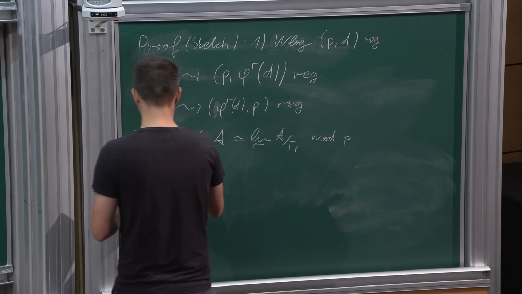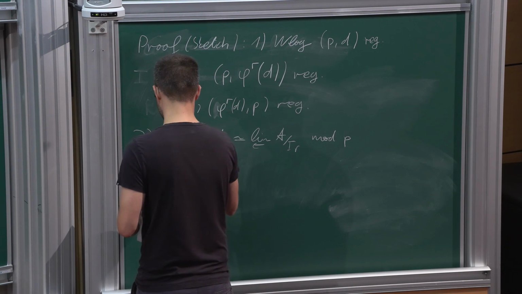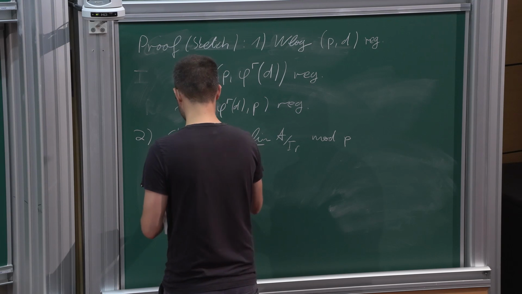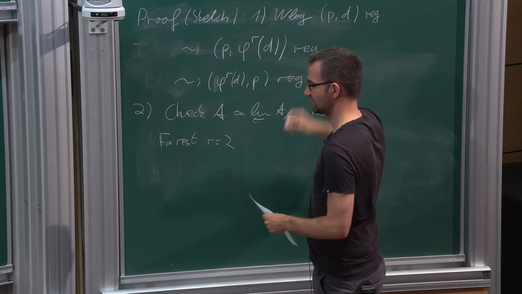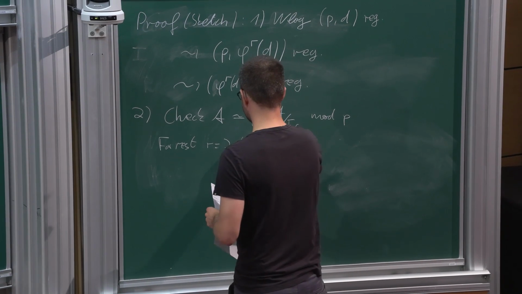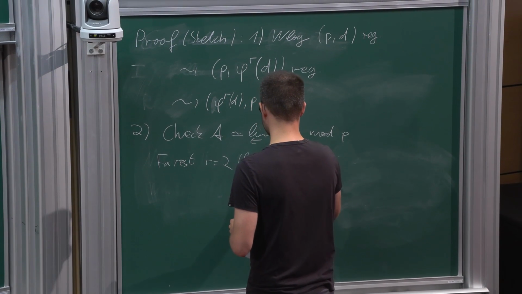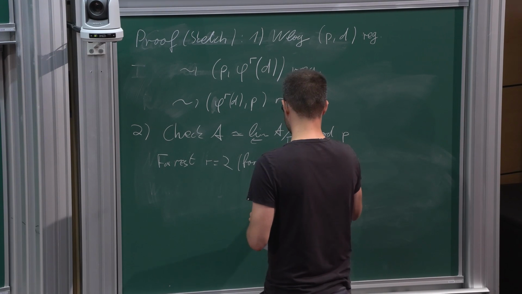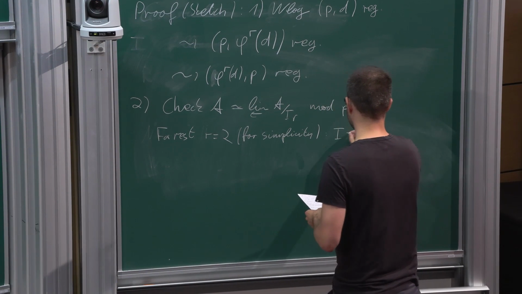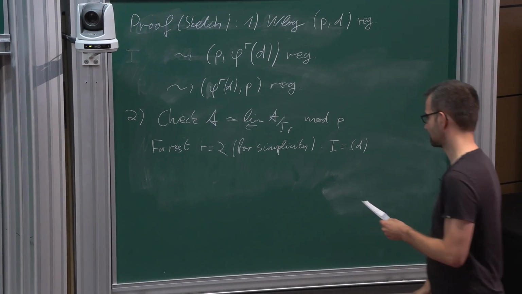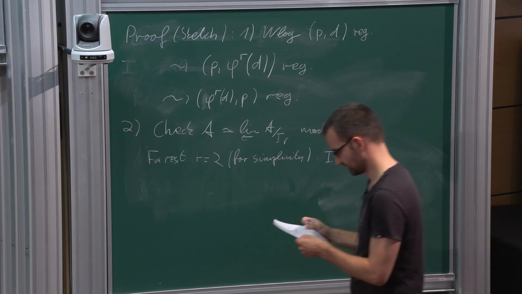And so for the rest, I want to assume for simplicity that I only give the arguments for r equals 2 in order to simplify the exposition. And I also assume that I is generated by some element d.